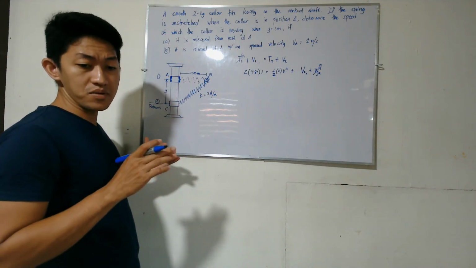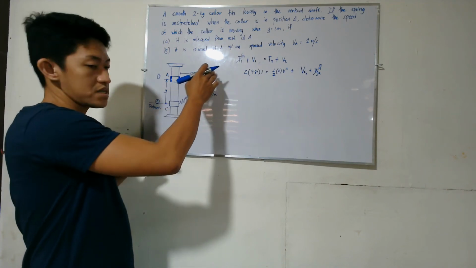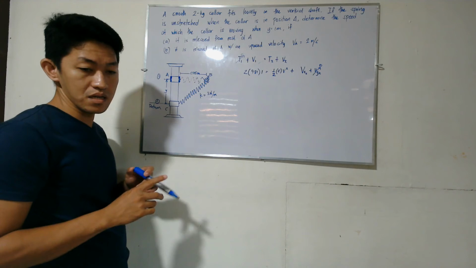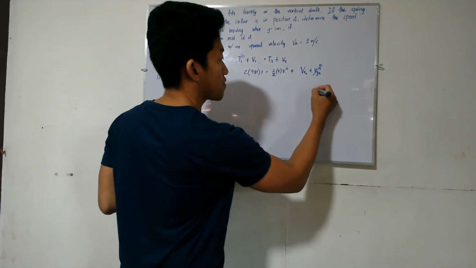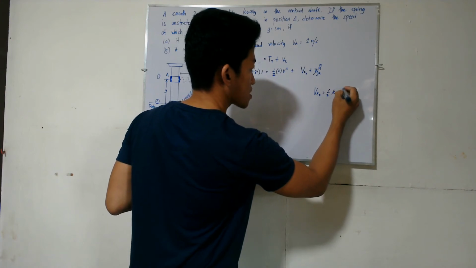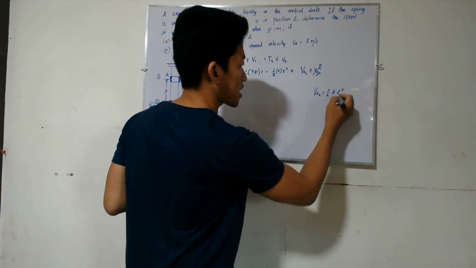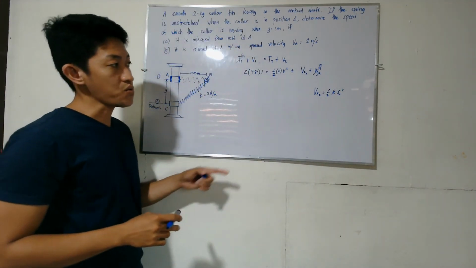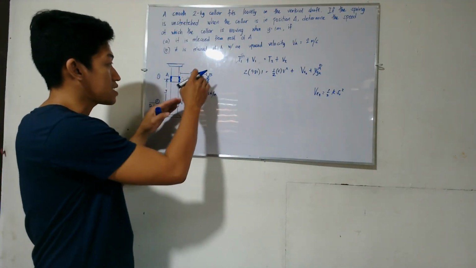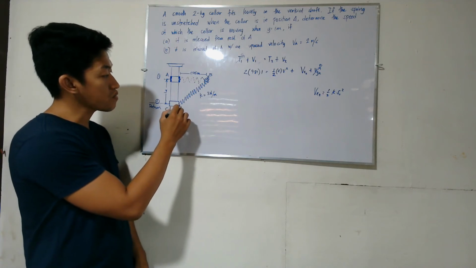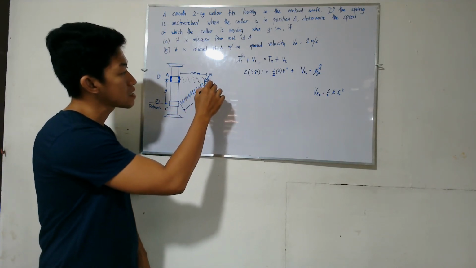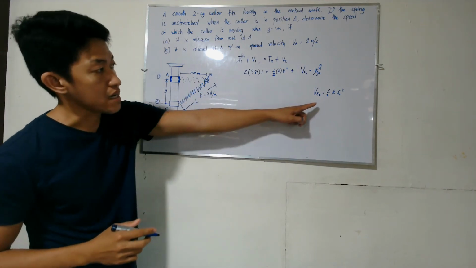The elastic potential VE2 is just 1/2 k s squared, right? So we have the k, and we need to find the stretch, so we need to find the length to get the s.